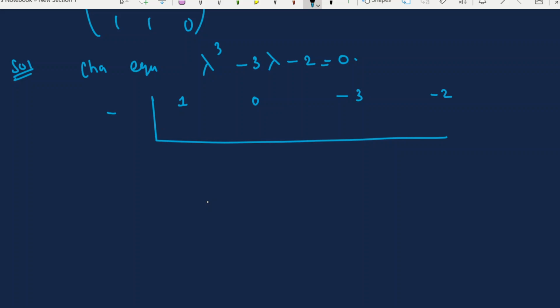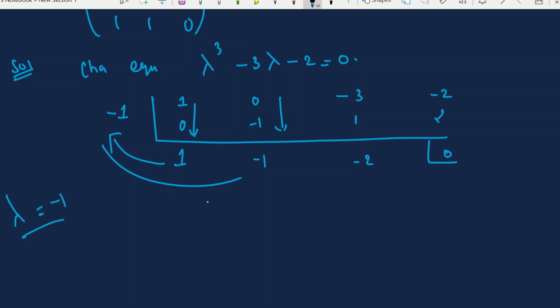The summation of these values is not equal to 0, so 1 will not be the root. Next check with negative 1. Always first entry 0, adding these two terms and multiplying these two terms. Negative 1, again adding these two terms and multiplying these two terms. 1, minus 2 and 2, remainder 0.